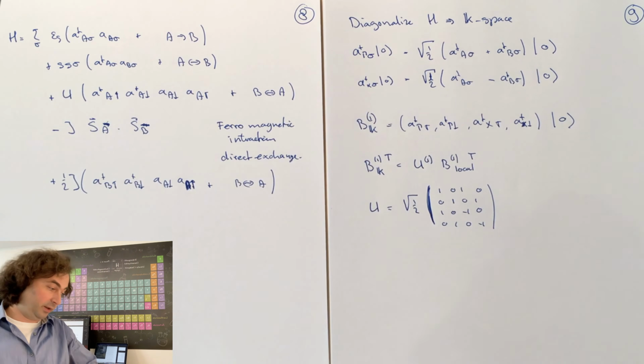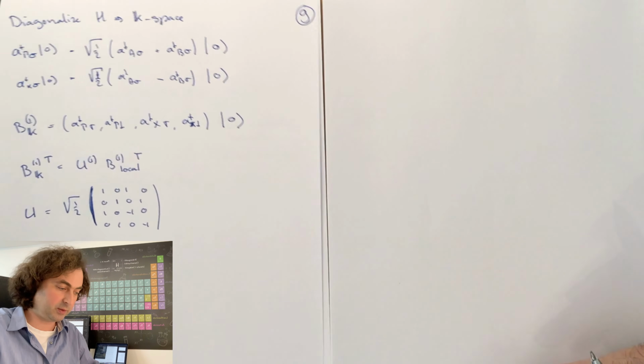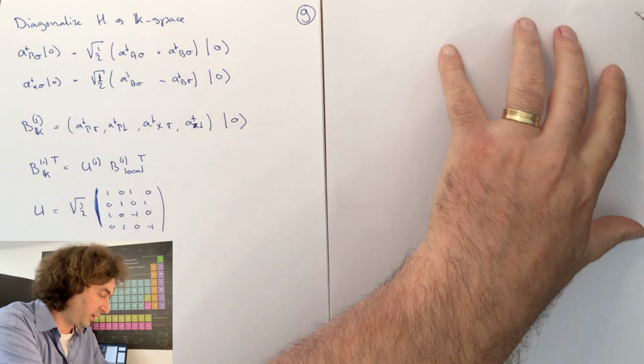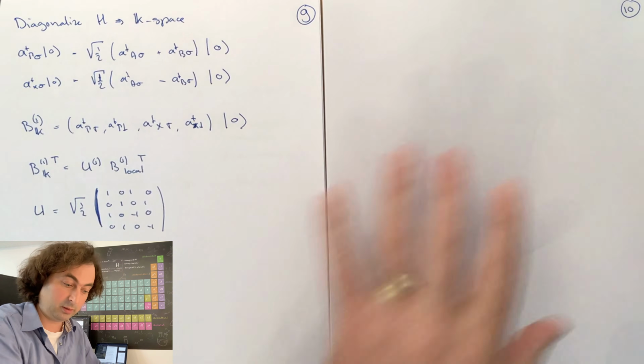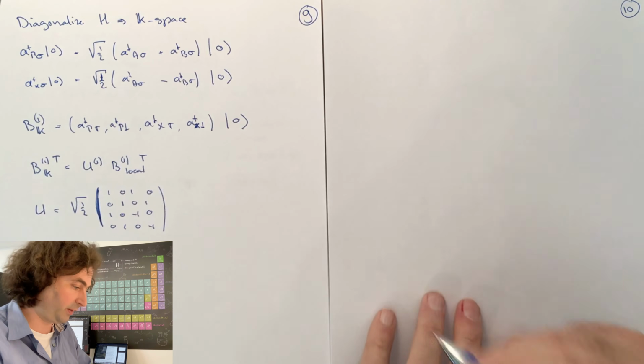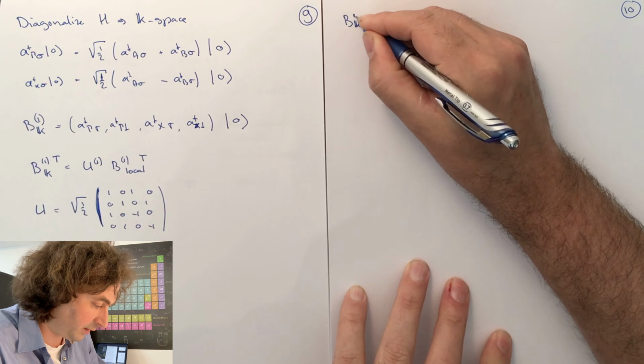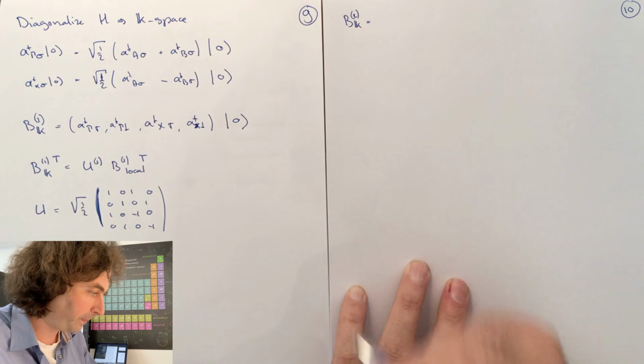Now that's for the one particle basis, but again we have 2 electrons, so we're not necessarily interested in the transformation of your single particle states, but we need to have the transformation of the 2 particle states and the 2 particle basis.